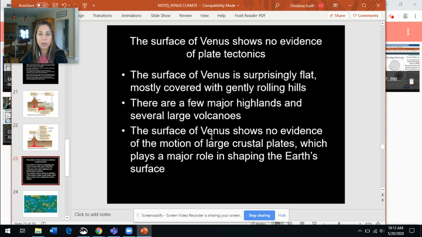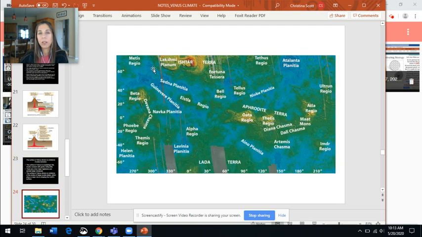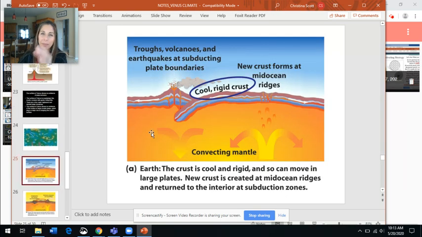But the surface of Venus shows no evidence of large crustal plate activity, which actually plays a major role in shaping the Earth's surface. Here are some of Venus's features and some of their names: Aphrodite Terra, the Atlantic planet, and I like this one, Phoebe Regio, just to name a few.